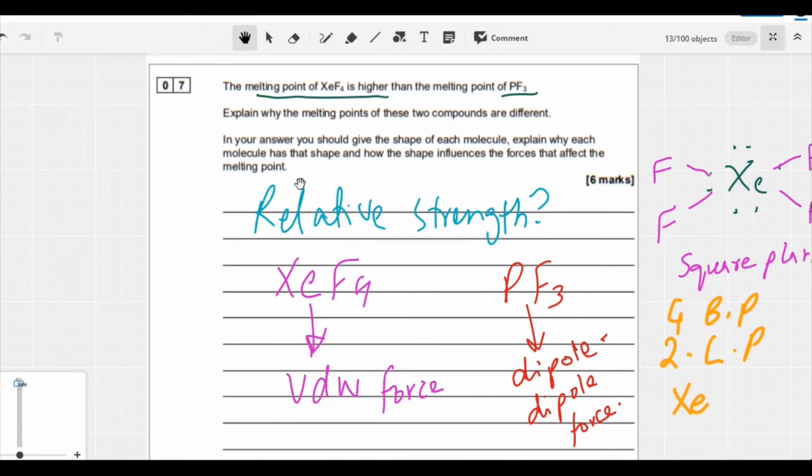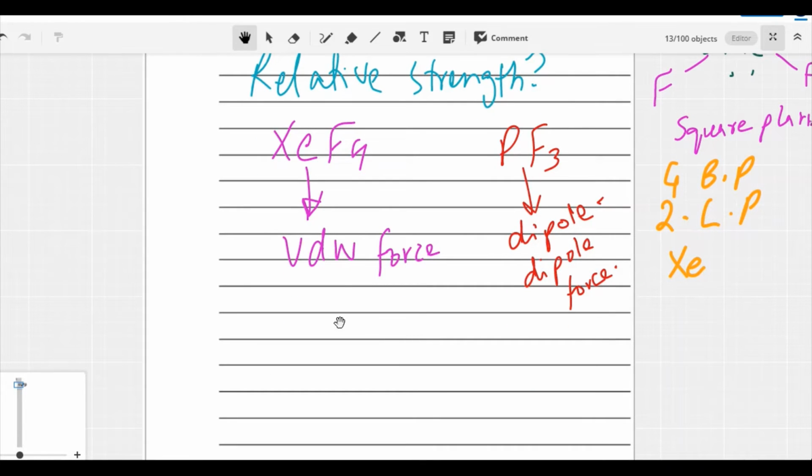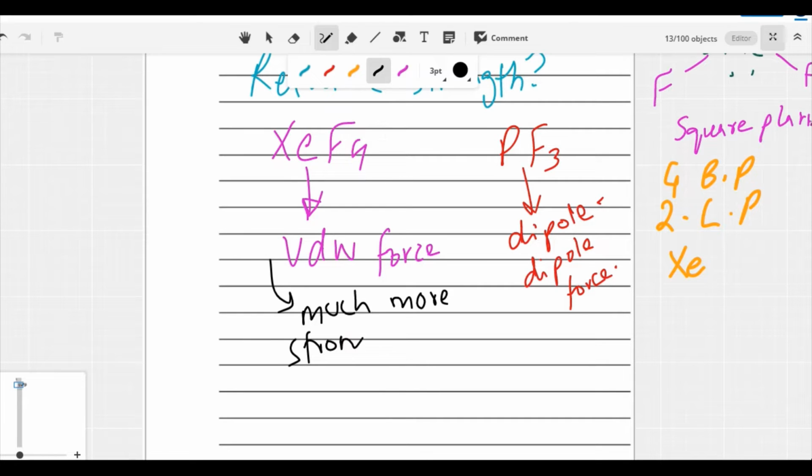But here you can see that the melting point of xenon tetrafluoride is higher, because the intermolecular forces present in xenon tetrafluoride are much stronger than the dipole forces in PF3.